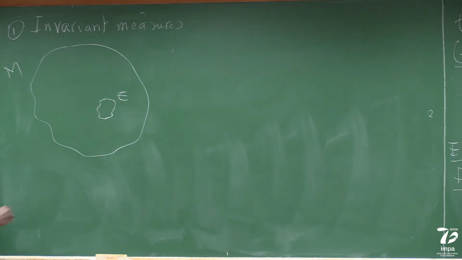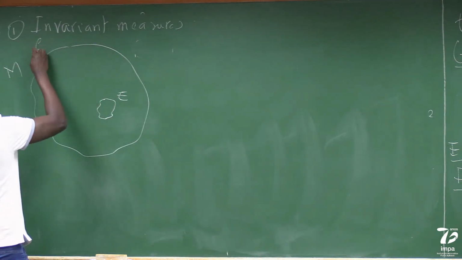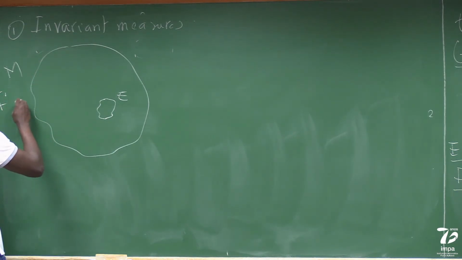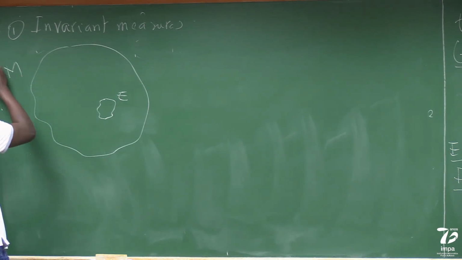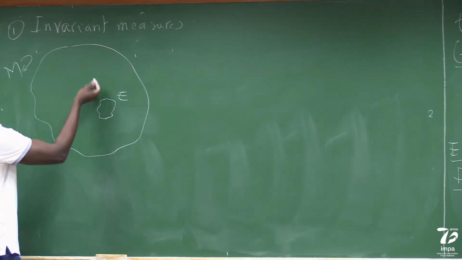This is E, and you have your F that is happening here, your dynamical system that is acting on this space. And this set is mapped to another place, by the pre-image.